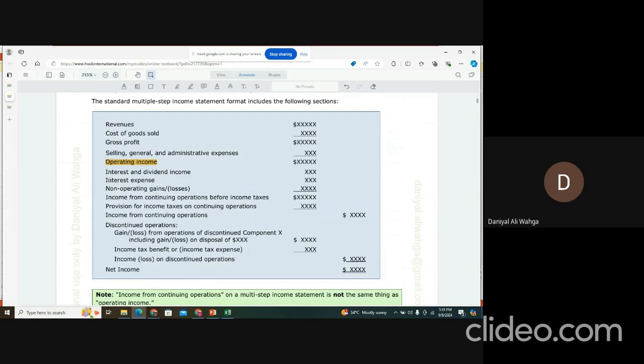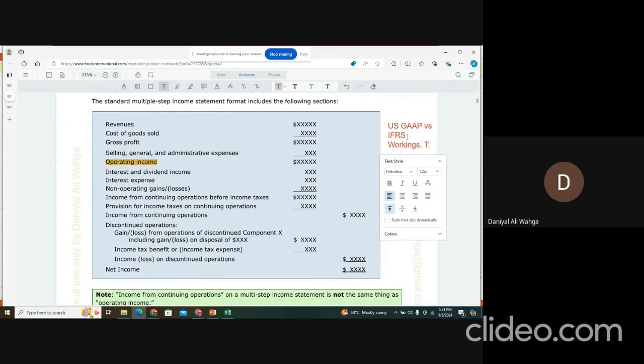By the way, as we are looking at US GAAP, there are some differences between IFRS and US GAAP workings. If I type here, it says US GAAP versus IFRS workings.